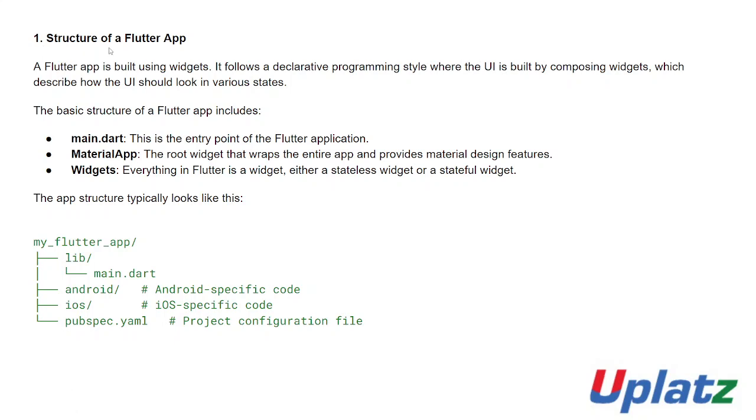Number 1, structure of a Flutter project, Flutter app or Flutter project. A Flutter app is built using widgets. It follows a declarative programming style where the UI is built by composing widgets which describe how the UI should look in various states.